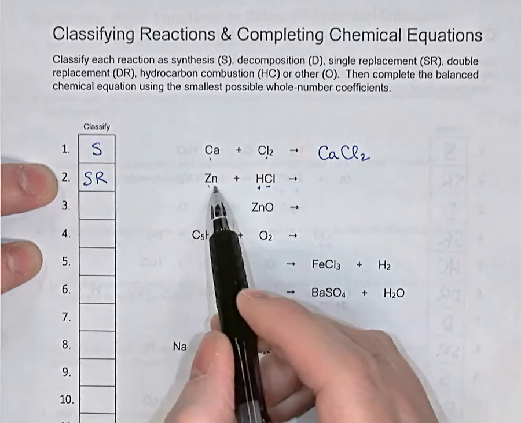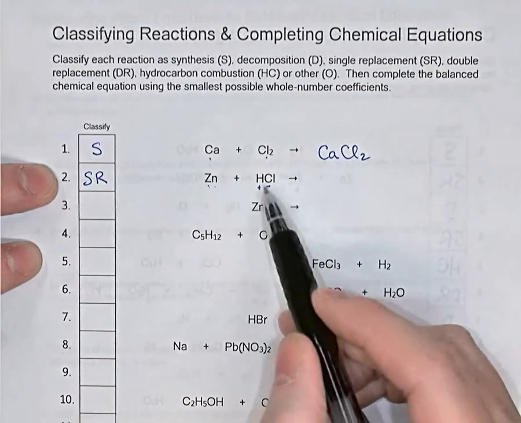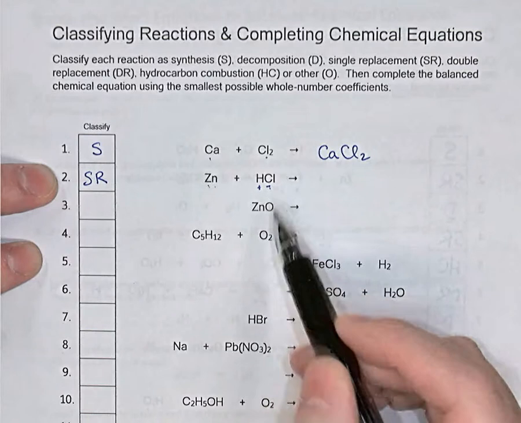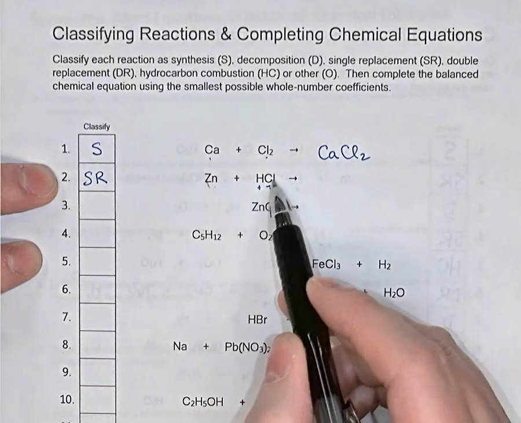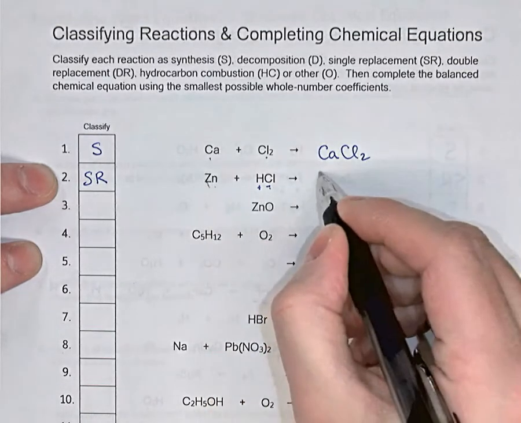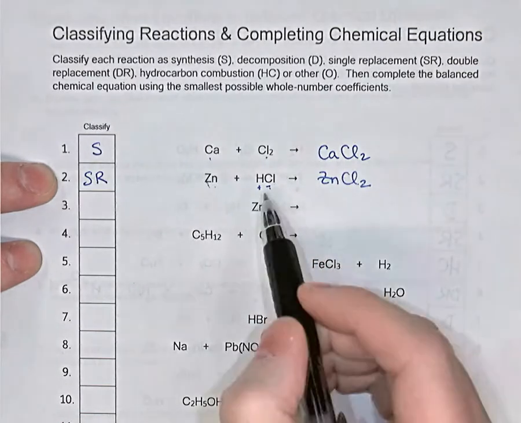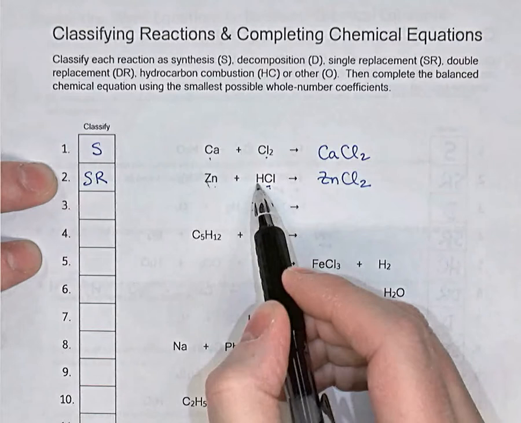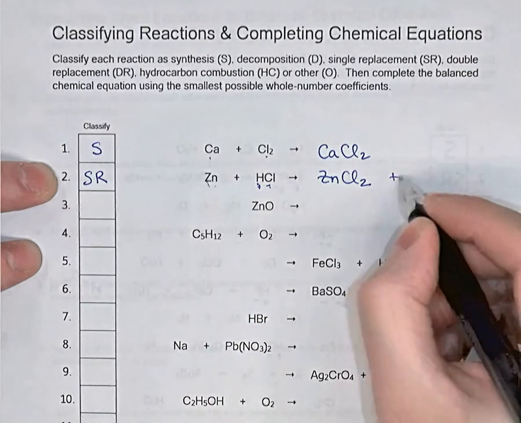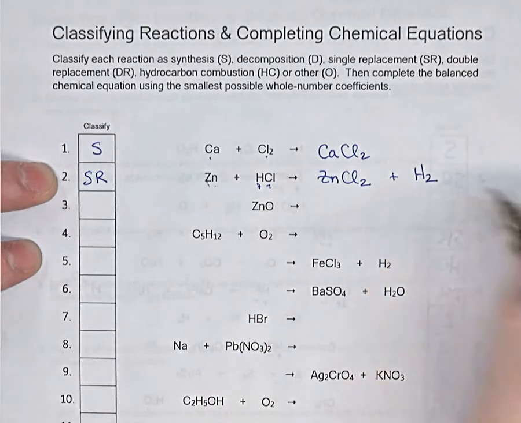Now as 2 positive, it will be attracted to the chloride over here, which is negative. So zinc 2 positive and chloride negative, the formula of zinc chloride would be ZnCl2. And then hydrogen is going to come out as an element, but it's a Hofbrinkel element, so plus H2 would be the formula of the other product.